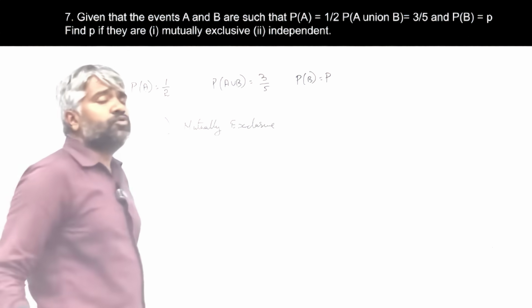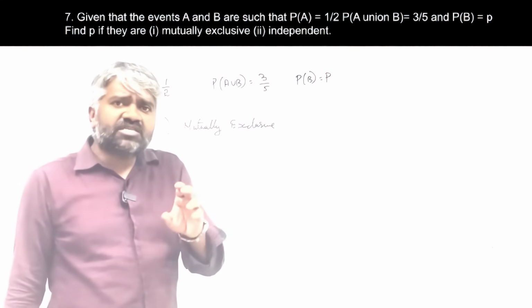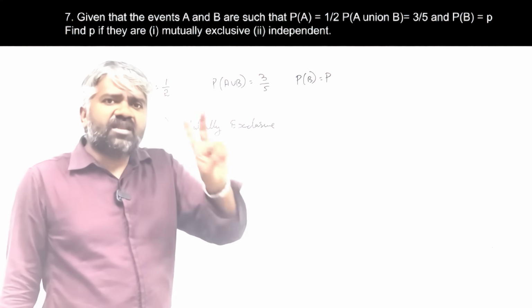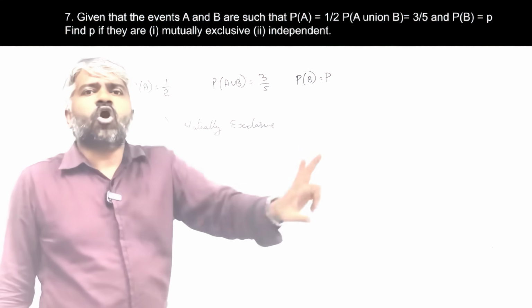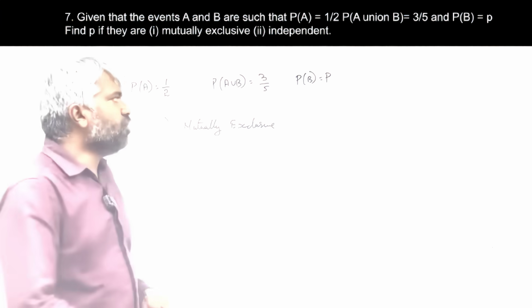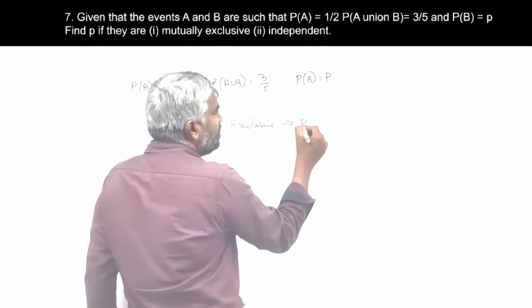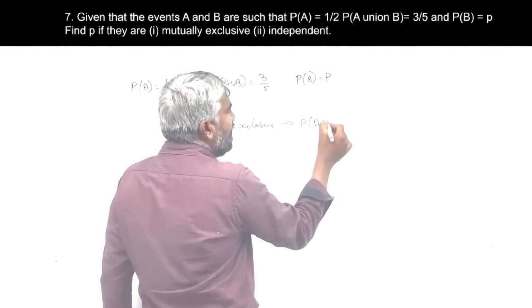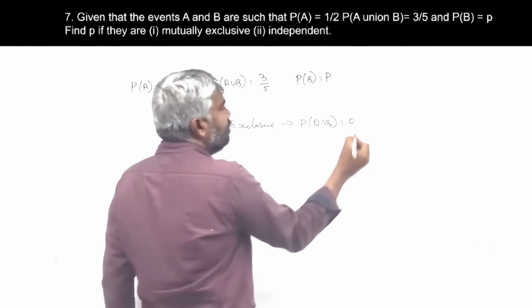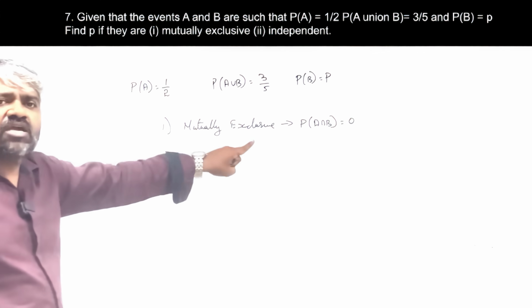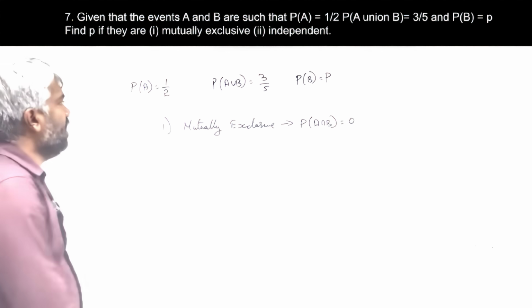What do you mean by mutually exclusive events? That is, in case A and case B, there is nothing common between them. We call it a mutually exclusive event. It is nothing but P of A intersection B is 0.